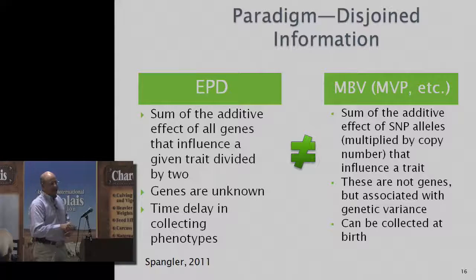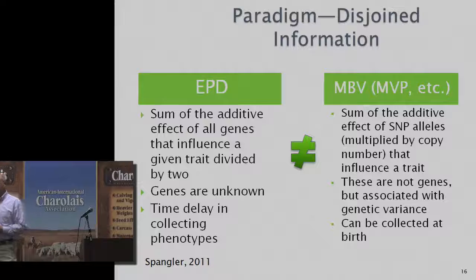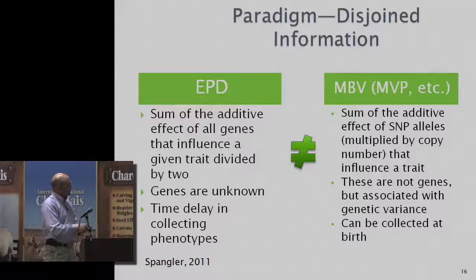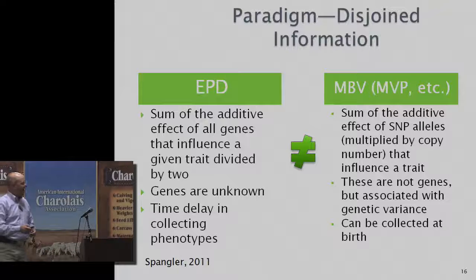One advantage of these, obviously, is they can be collected at or near birth, right? So we can get information about traits that may be expressed much later in an animal's life, very early in their life, and use that information in selection. The key thing here, these are not substitute goods. We have to use them together. We have to figure out how to use them together.